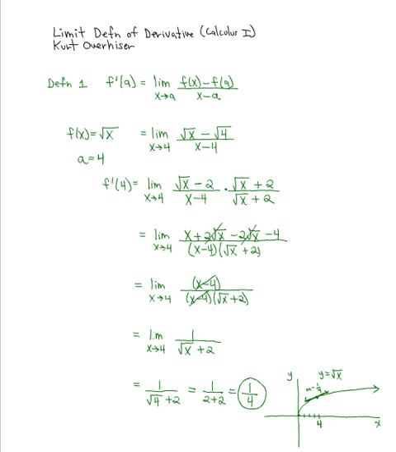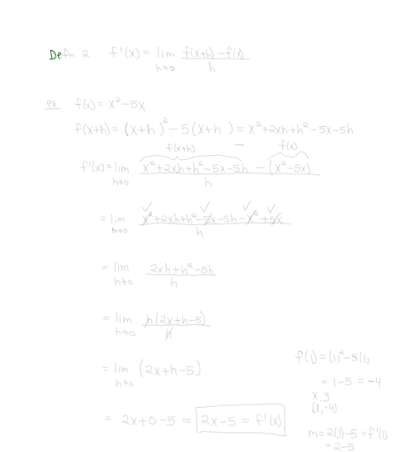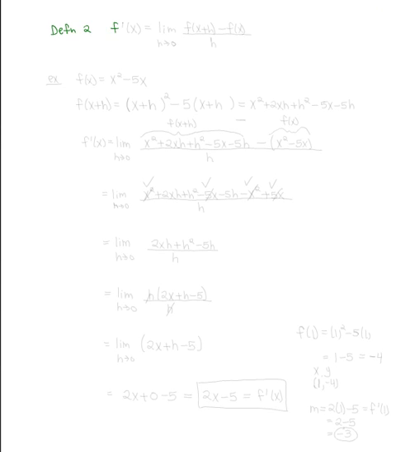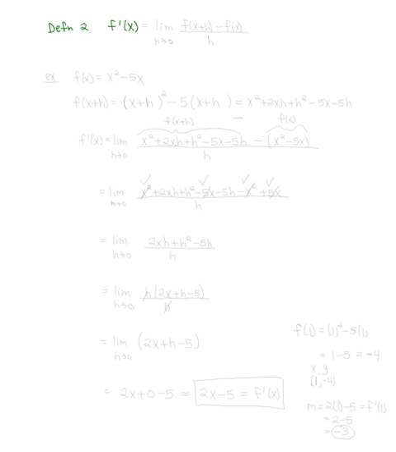There is a second definition that turns out to be equivalent to the definition that we just gave. We'll call it definition number 2. This definition says that f prime of x, the derivative of f, is equal to the limit as h approaches 0 of f of x plus h minus f of x, all divided by h.